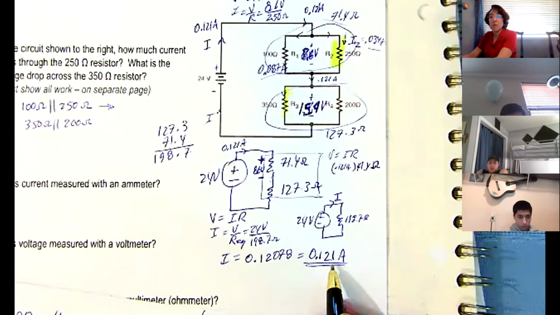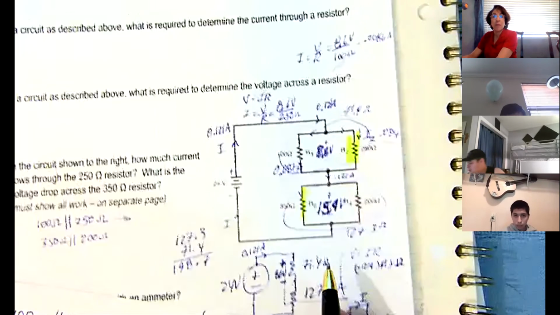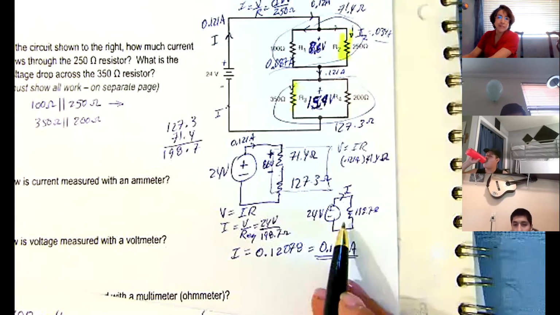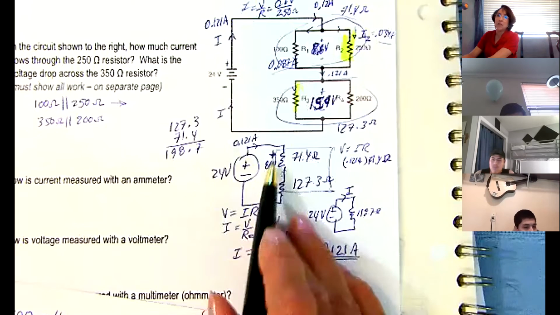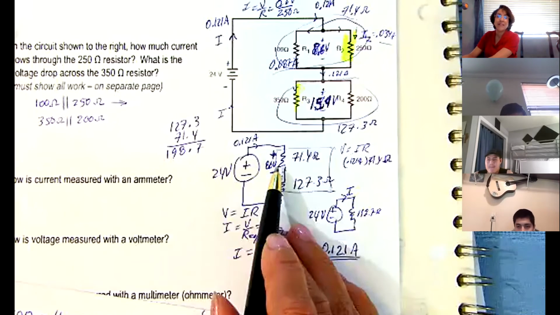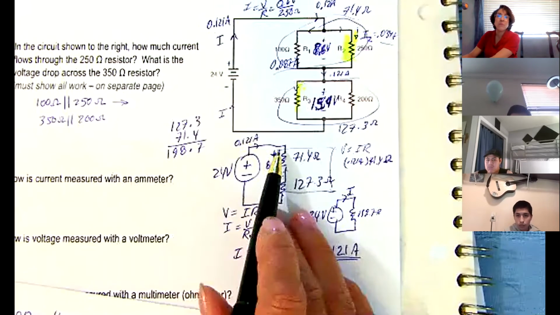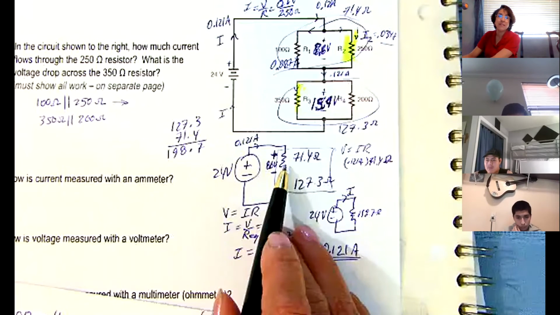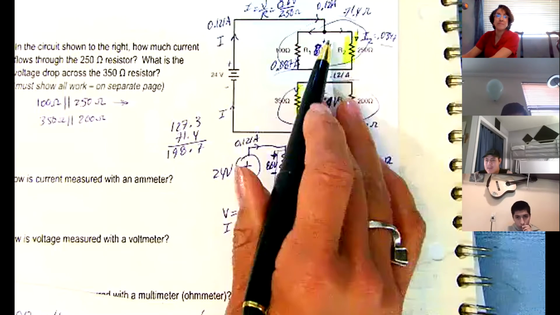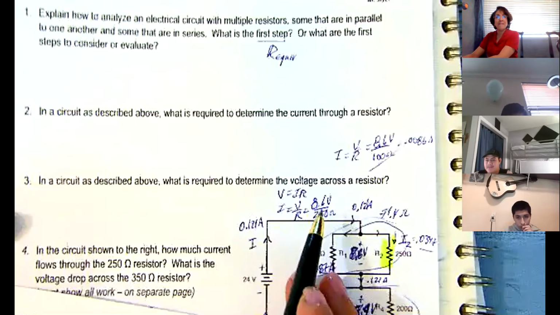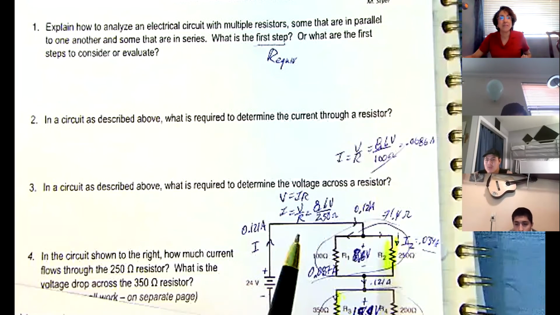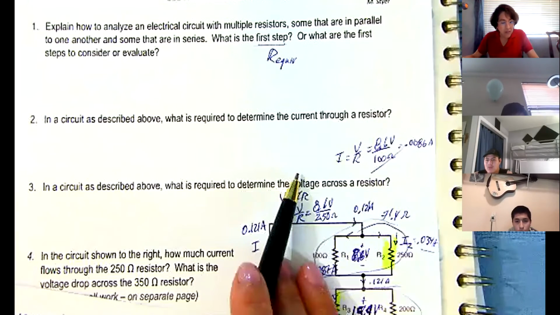So once you figured out how much current is being supplied by the battery, then you can go back to the previous drawing, schematic, circuit to determine some other information like the voltage across groups. And then the voltage across the other one. Is that good? Okay, muy bien. That was a good answer.